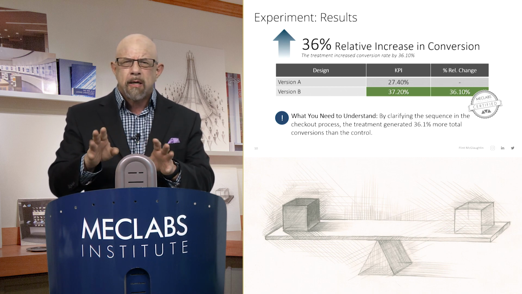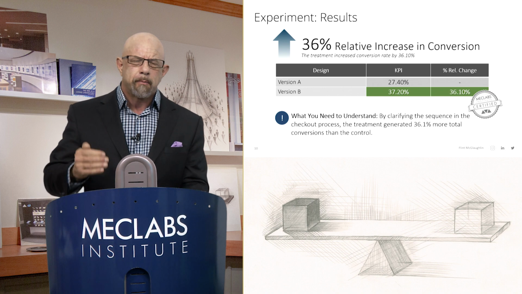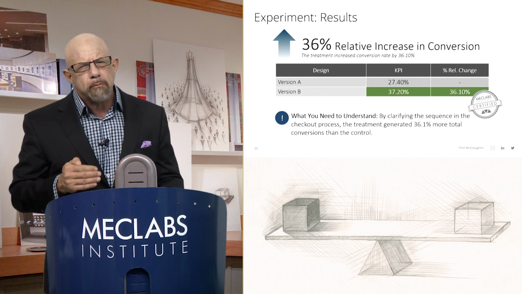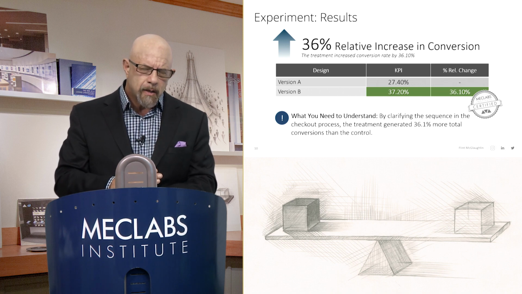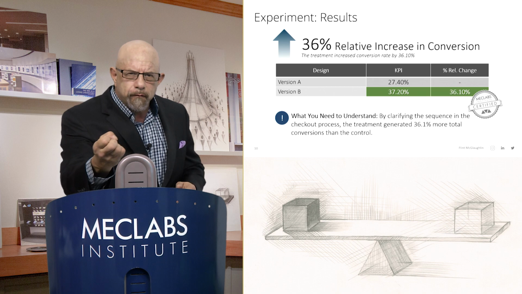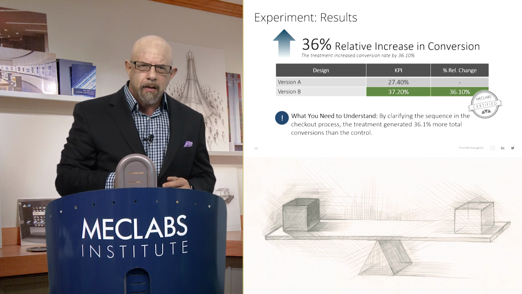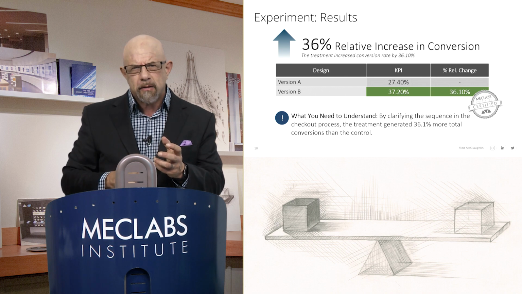It starts to become a fuzzy, vague notion in our mind. But this is 36% more money from the same marketing spend. And it's so transformative, it's like flipping a switch and suddenly that money comes flowing in. And all you did was change the psychology of the page.